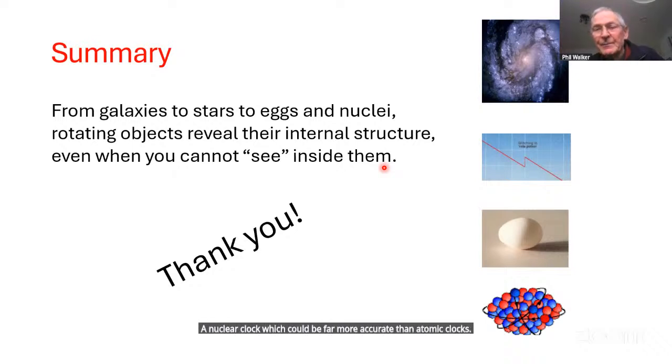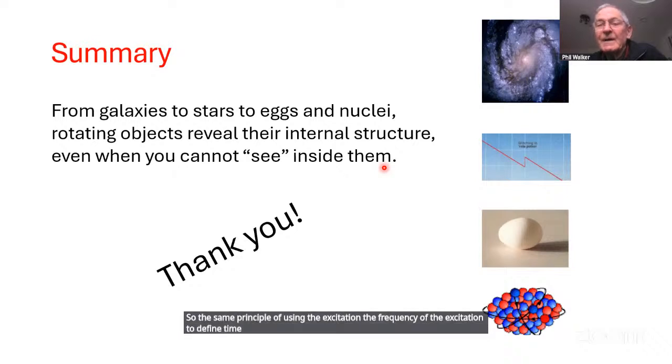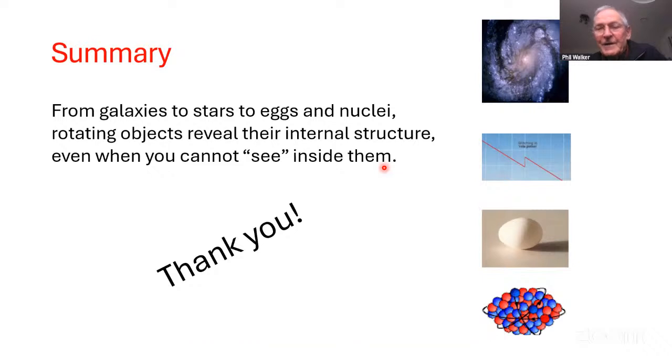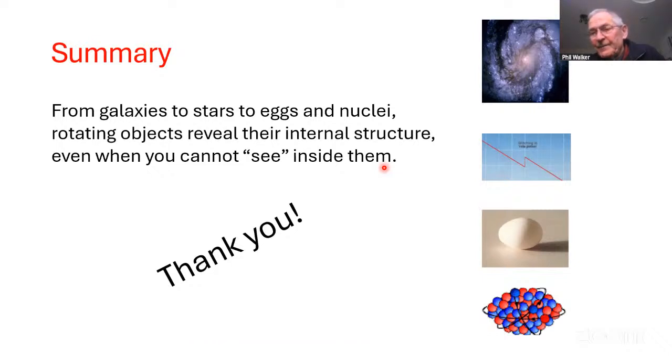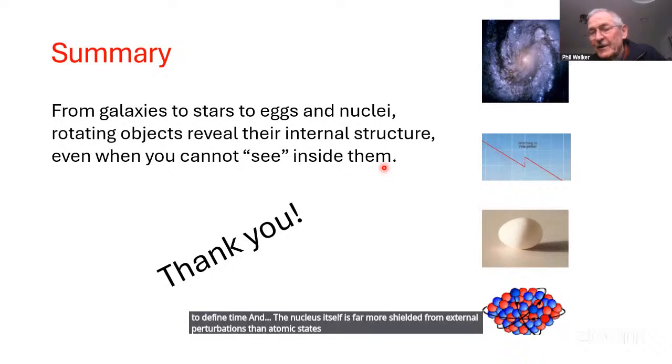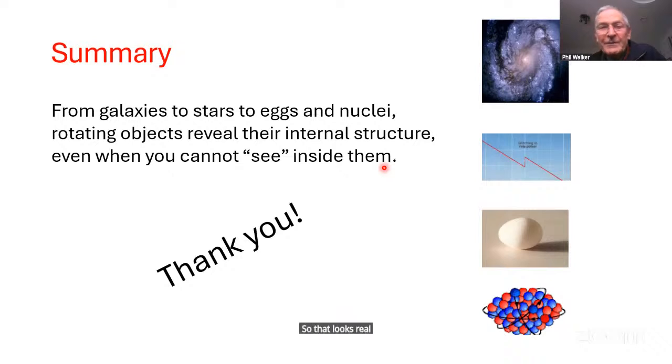So the same principle of using the frequency of the excitation to define time, but the nucleus itself is far more shielded from external perturbations than atomic states. And so that looks real. I think something will be happening there. That's definitely one to watch.